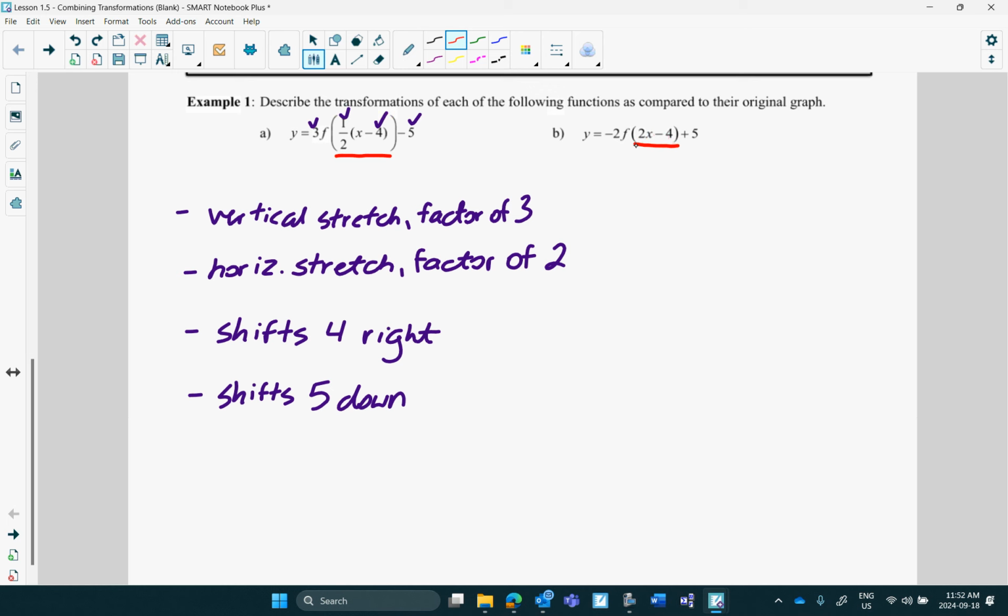This is the way it's got to look for me to get the right transformations. This does not look right. I have to put parentheses in here. How do I do that? I factor out the GCF. What can I take out? And what am I left with in parentheses? So that's what it should look like.